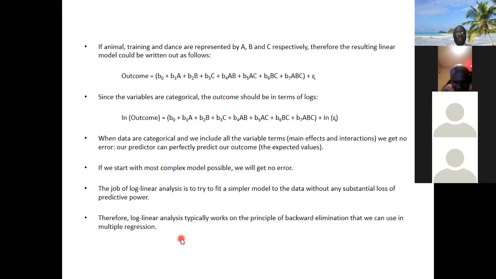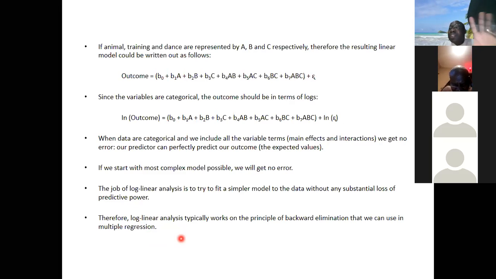Therefore, log linear analysis typically works on the principle of backward elimination. You may not appreciate it now, but I will explain this further when we start running it. So it uses the principle of you load everything. If you remember during analysis of linear regression, multiple regression, we talk about forward and backward.